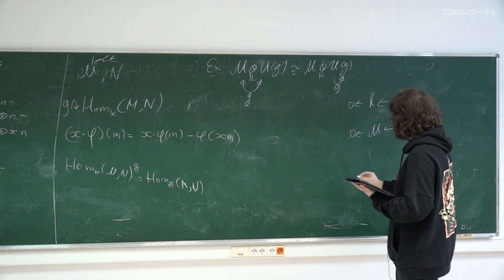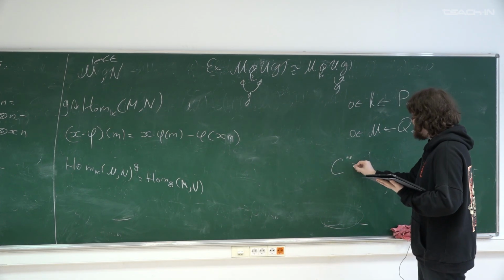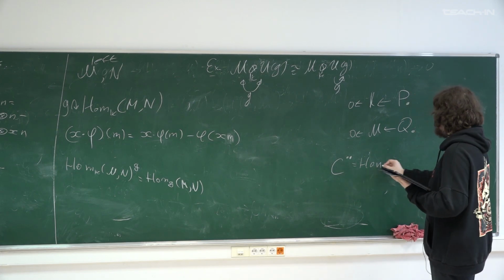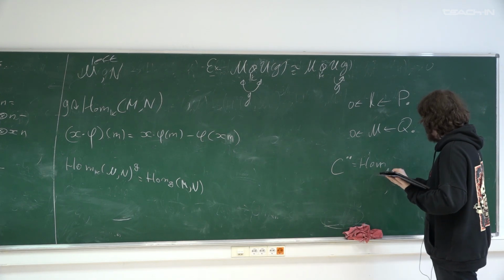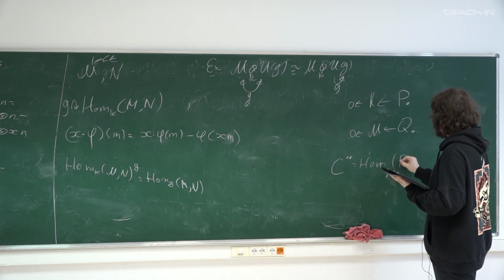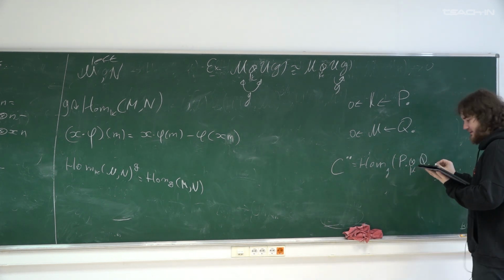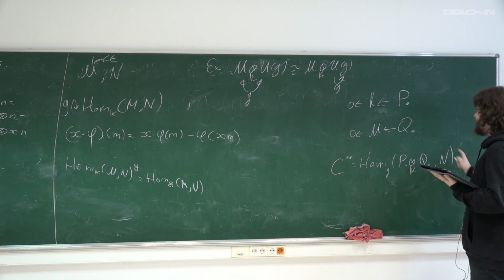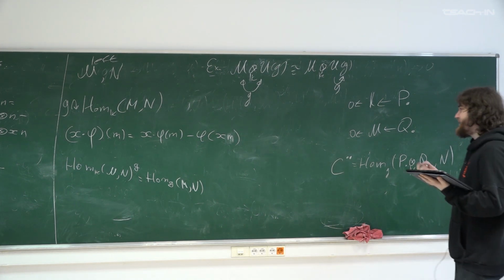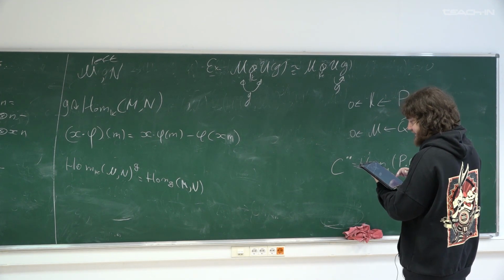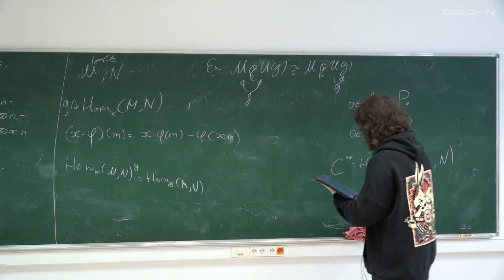We can consider the following cochain complex, just as I did for groups: Hom over G of the tensor product over K, with this diagonal action, to some other G module N. And then from this complex we can obtain two spectral sequences.